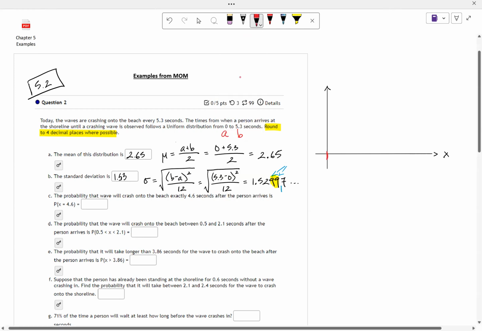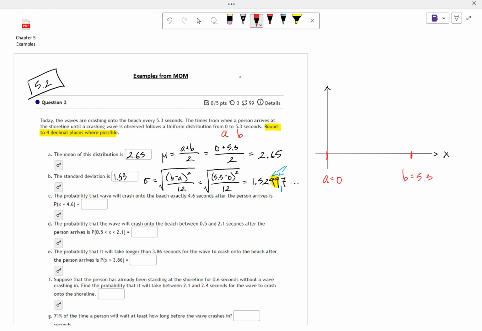We've got A equals 0, and in this case, B equals 5.3. We'll end up having a uniform distribution, meaning it'll be flat at the top.